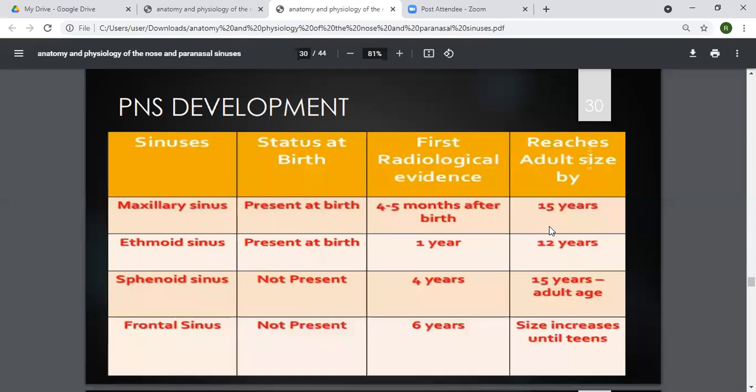When we get the first radiological X-ray, the first radiological evidence of the maxillary is around 4 to 5 months after birth, while for the ethmoid sinus it is 1 year, sphenoid is 4 years, frontal sinus is 6 years.